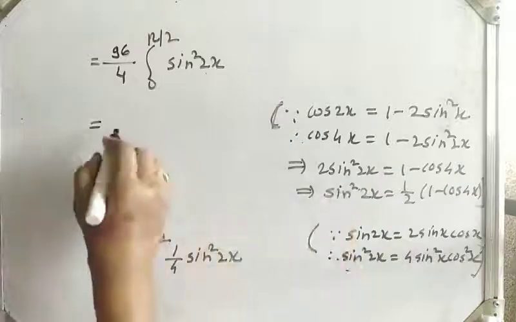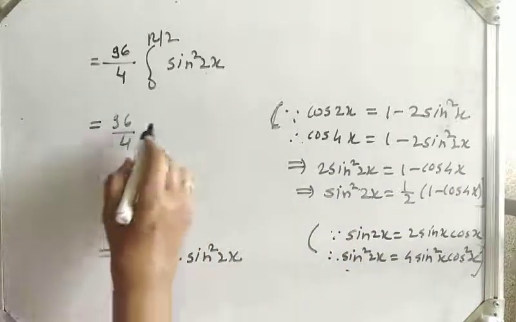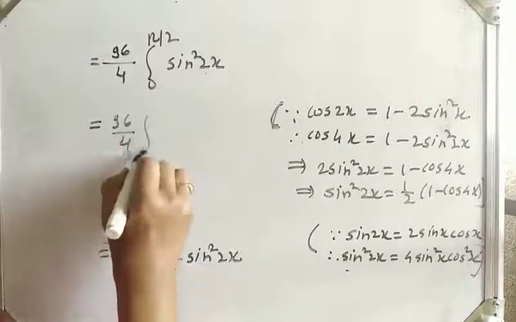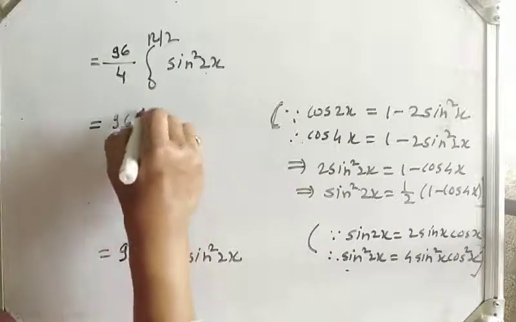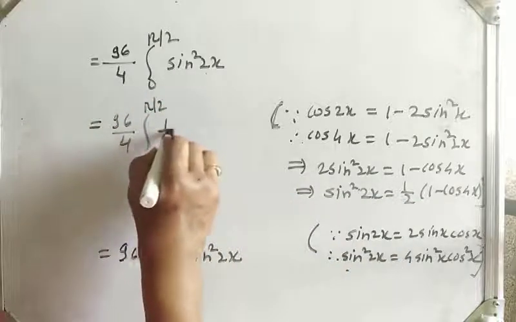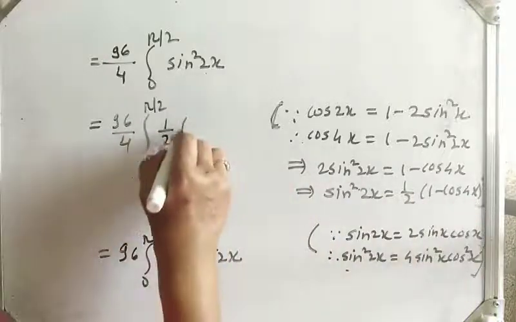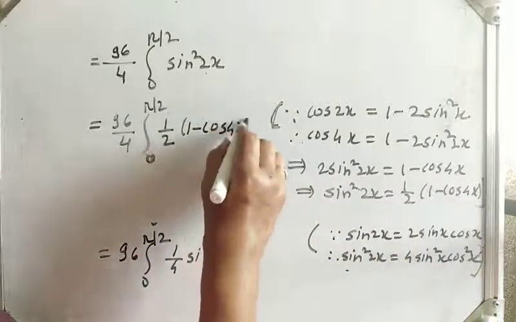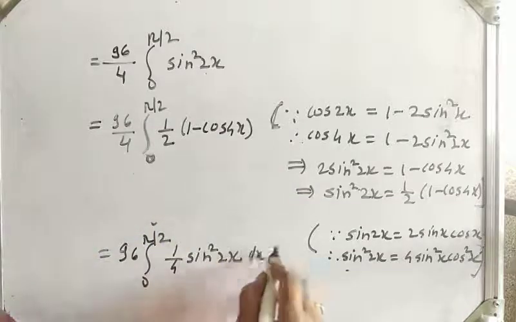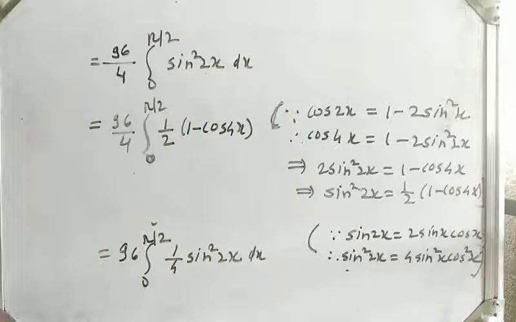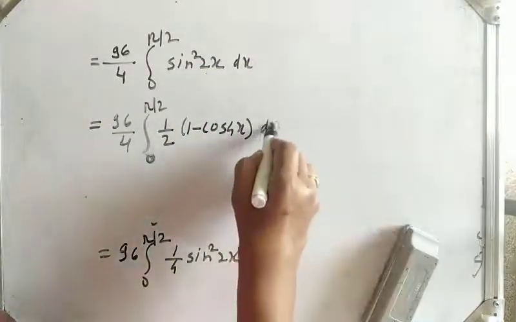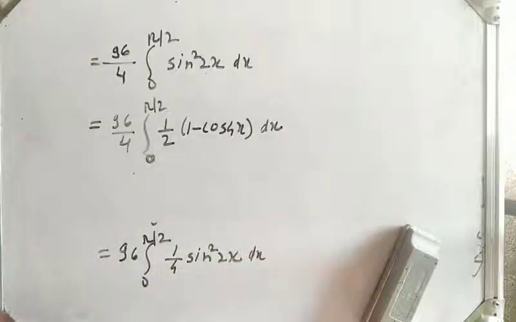So using this, 96 by 4 integration 0 to pi by 2 sin square 2x can be written as 1/2 (1 minus cos 4x) dx.